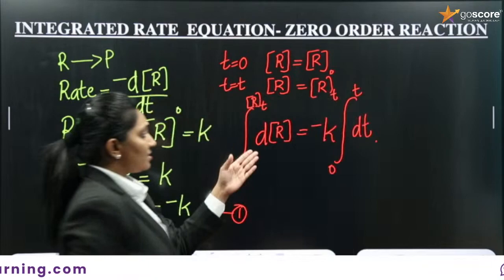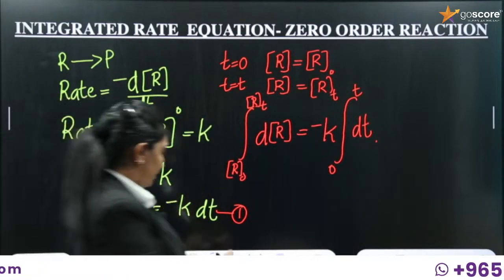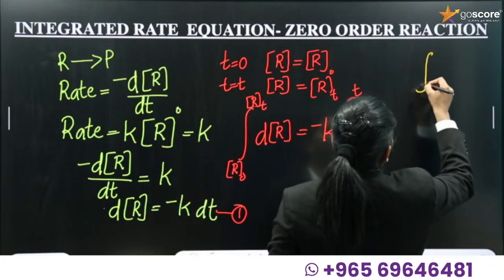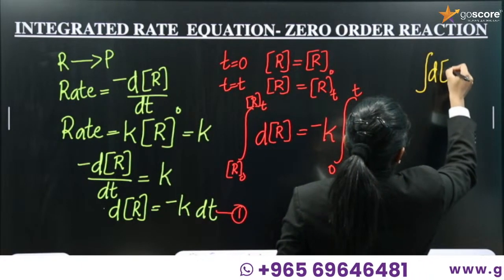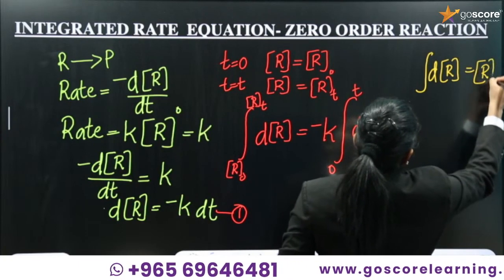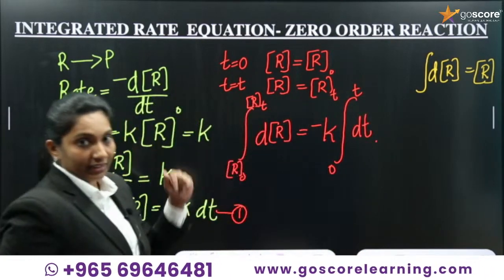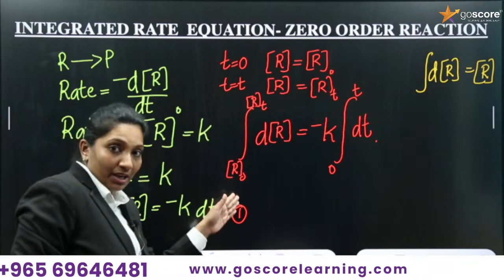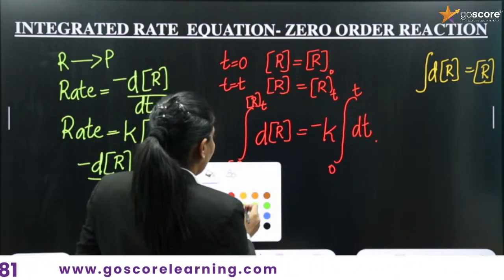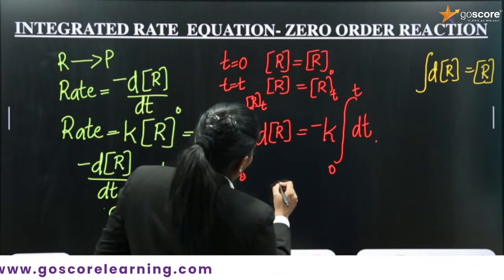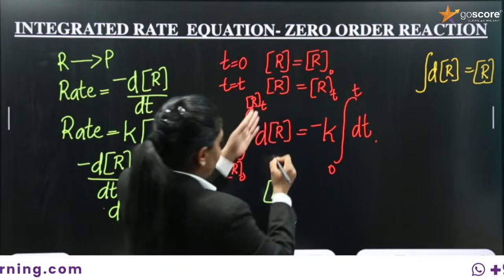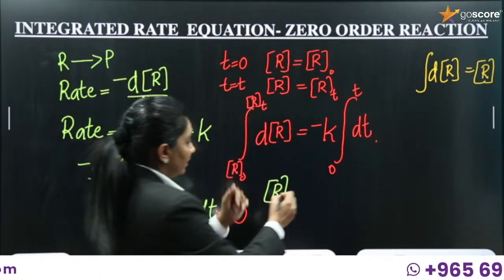So, what is the integral of dR? Integral of dR is R, right? So, for the integral, if we put the upper limit minus the lower limit, how can I write it? It will be Rt, that is the upper limit here, right?